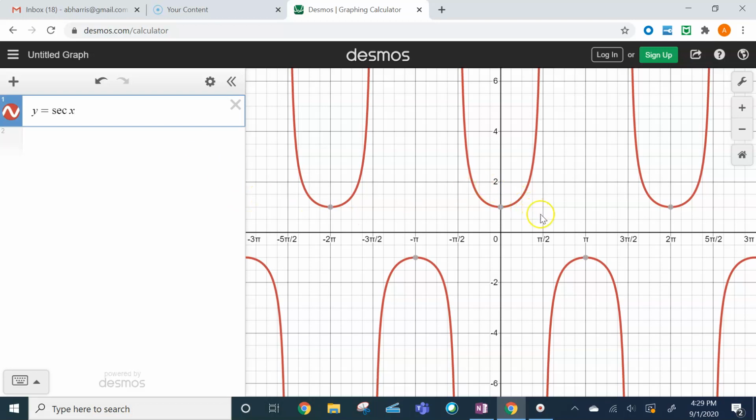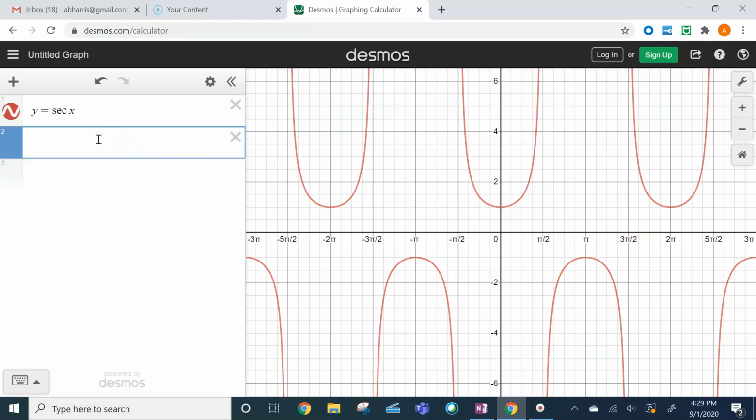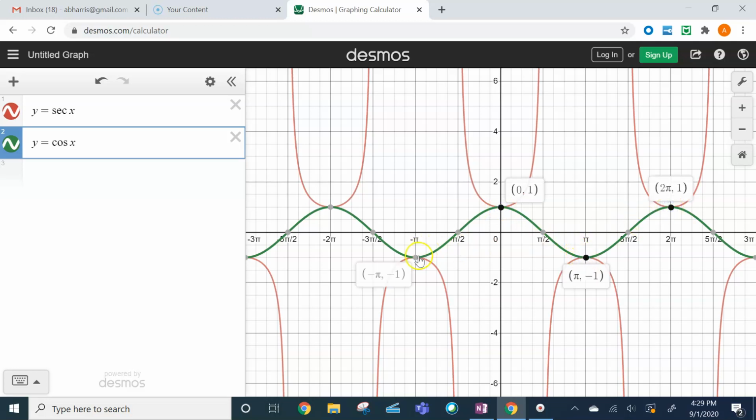And you say pi halves, undefined, 3 pi halves, right? Cosine 3 pi halves, and so on. Now let's compare it to its reciprocal function, the cosine of x. In green, and you can kind of see, oh, they meet at 0, 1, they meet at pi, -1. It's kind of similar, except it's obviously shifted, but it's kind of similar to the cosecant as compared to this there. And I'll let you kind of analyze that.